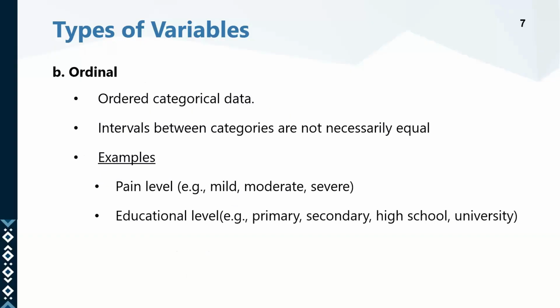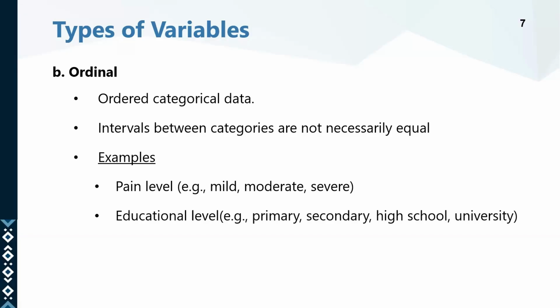A second subtype of variable here in this category is ordinal, which of course constitutes ordered categorical data, in contrast to the nominal, where there was no order in the ranking of the variables. So we have intervals that exist between variables which are not necessarily equal. For example, we can have pain level. We can move from mild, moderate to severe pain.